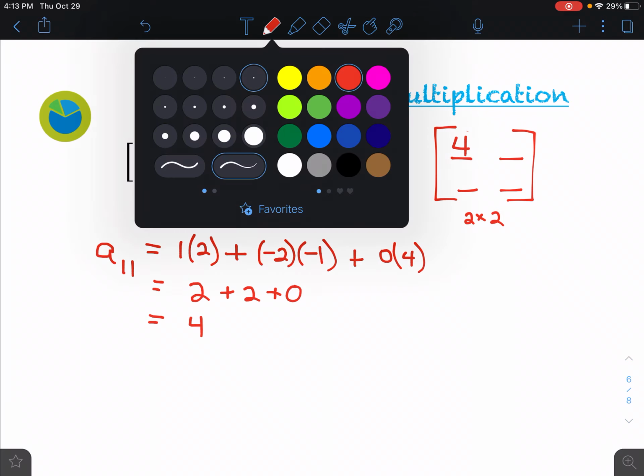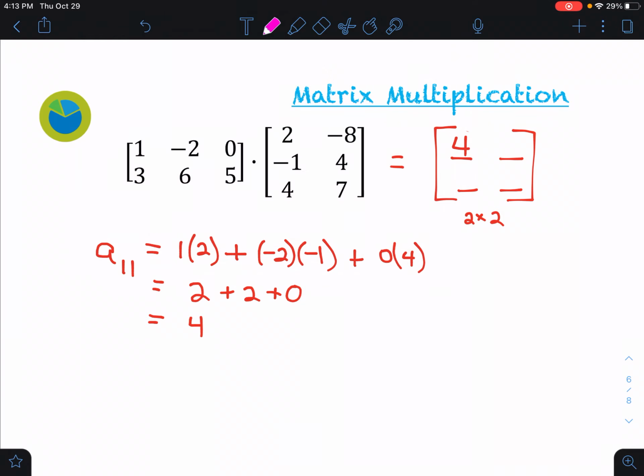Okay, so now I'm going to do this spot right here. So that is row 1, column 2. Okay, so that means I'm going to go row 1 now times column 2. And so what does that mean? So we're going to take 1 times negative 8 plus negative 2 times 4 plus 0 times 7.